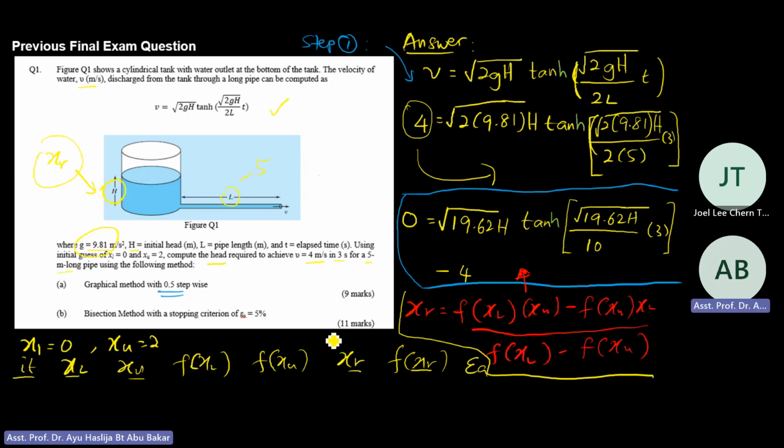The difference is the equation to calculate the XR only. The rest is similar to bisection.